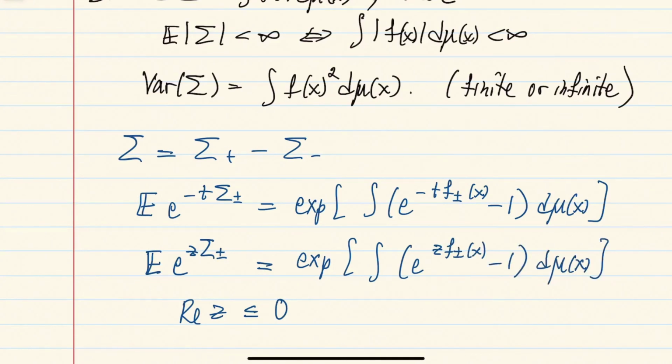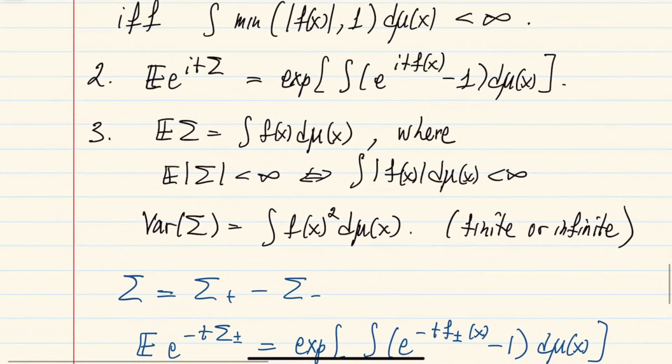Just because both sides are analytic on the set where the real part is strictly less than 0, because our functions are non-negative, and then by continuity we can also extend it to the imaginary line, and so the same formula holds for the characteristic function, and then using the independence of the plus and minus parts, putting the two together gives us this formula in statement number 2.